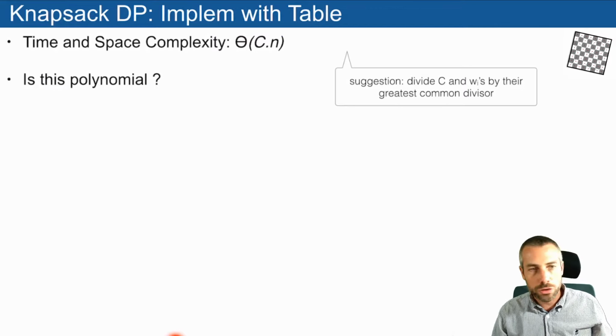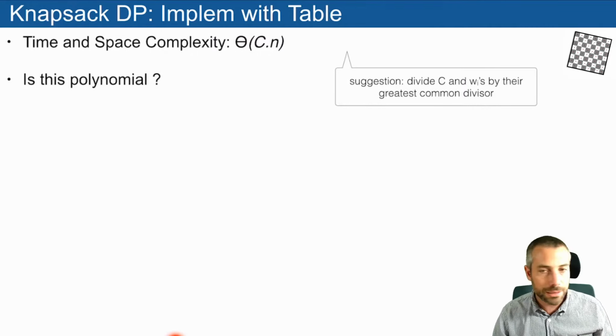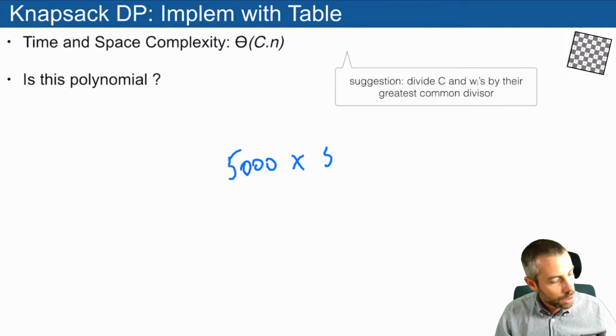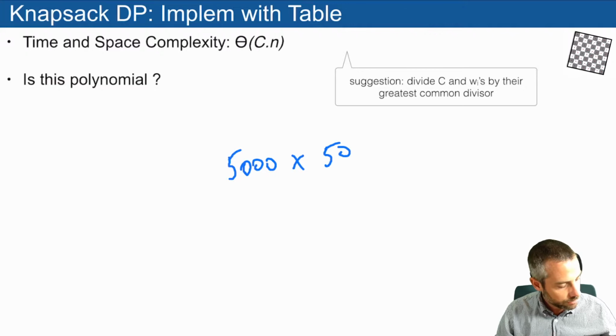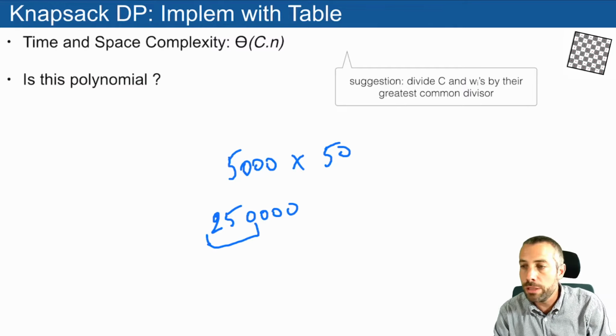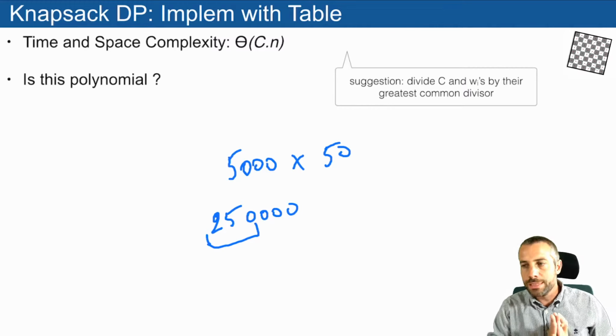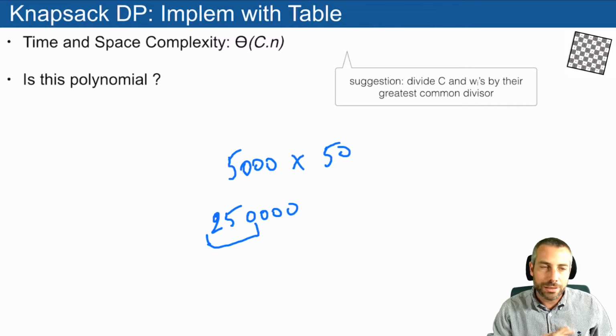For the problem that we just solved, the capacity was 5,000 times 50 items, which is less than 1 million, and this is why it takes less than 1 second to compute.